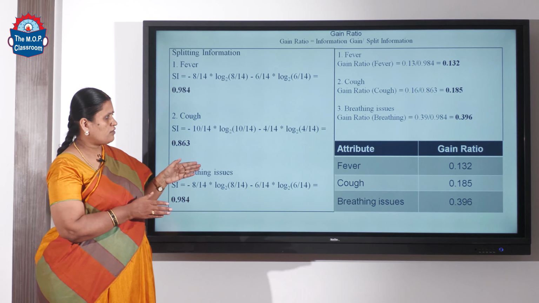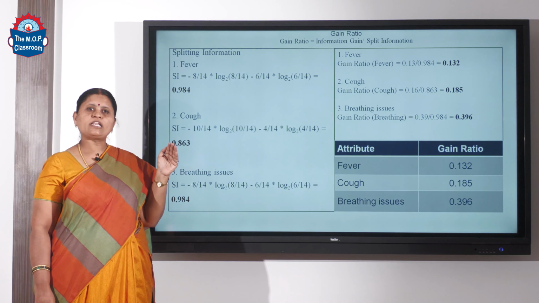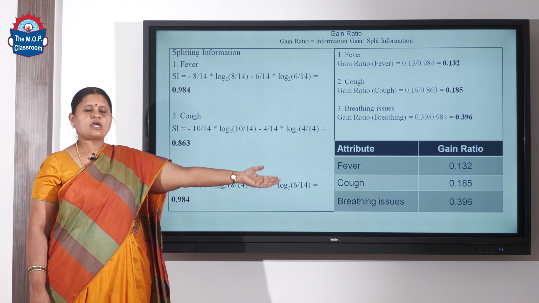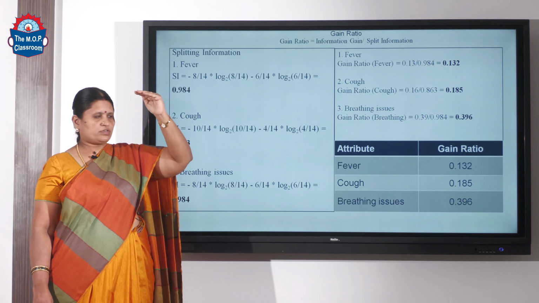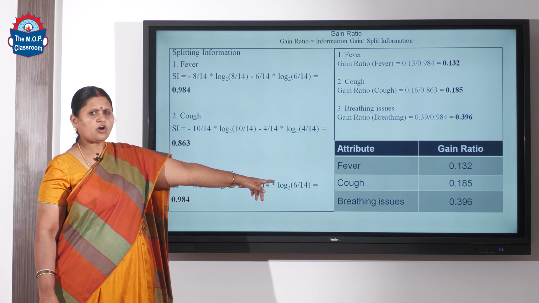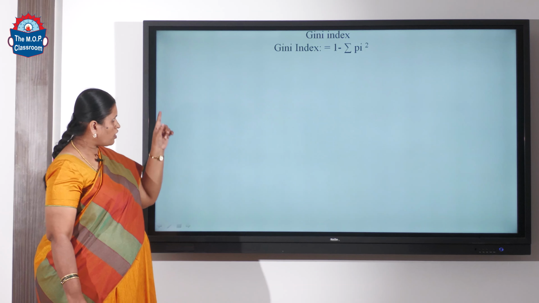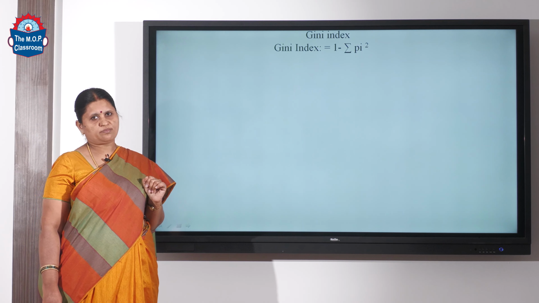Again, for gain ratio, the highest value is considered the root of the decision tree. So according to the values, we can easily find out breathing issues will be the root, followed by cough, then fever.